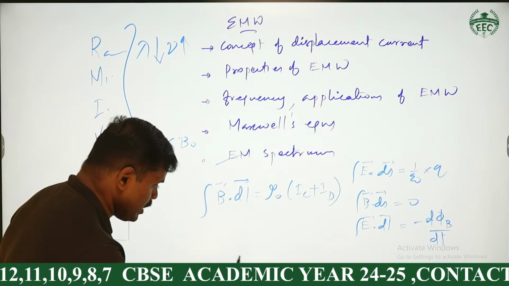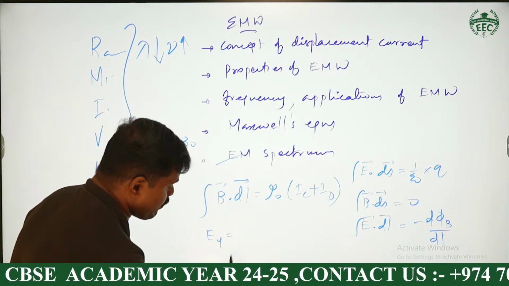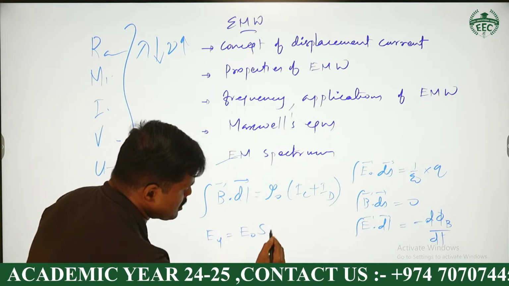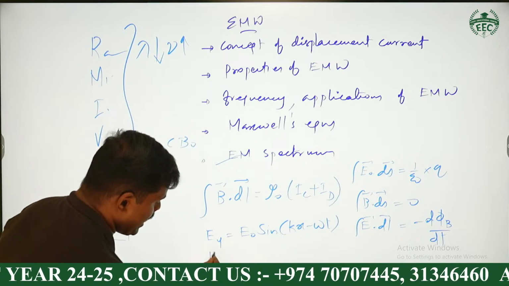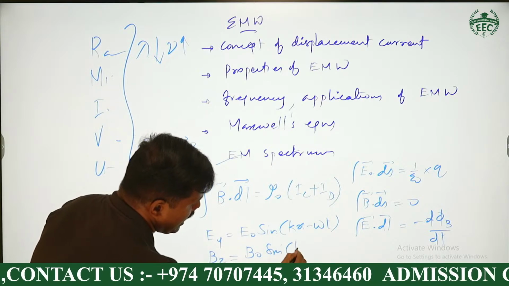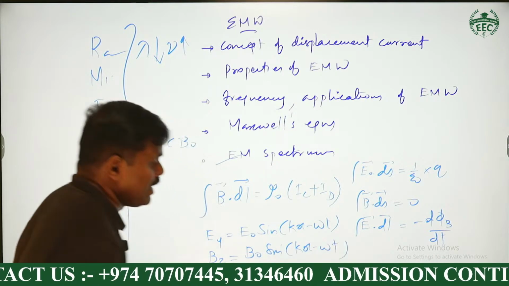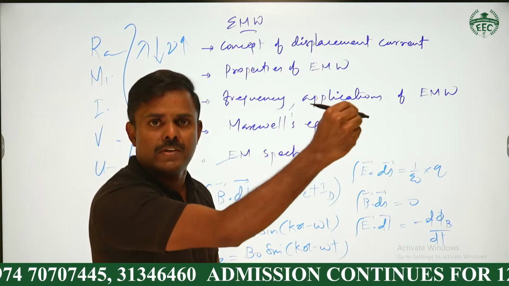And the last equation here, the electromagnetic wave equation. Electric field Ey may be written as E0 sin(kx minus omega t), and magnetic field is written as B0 sin(kx minus omega t). Here x is the direction of propagation, the direction in which the electromagnetic wave is going.